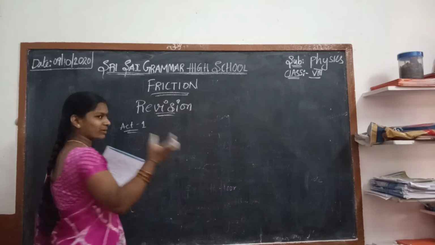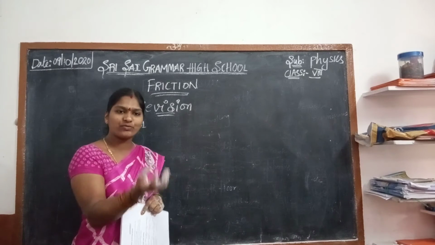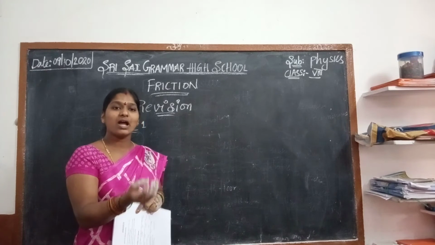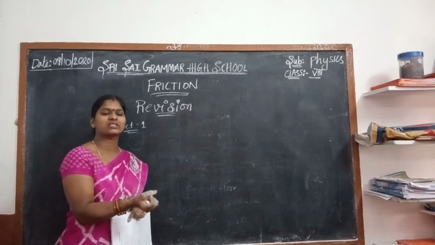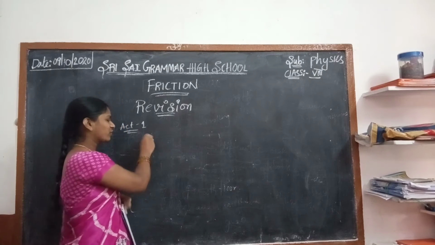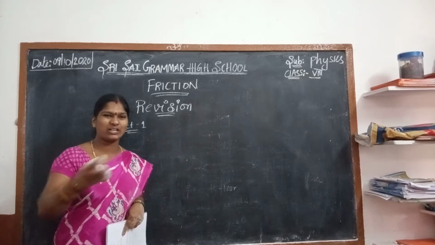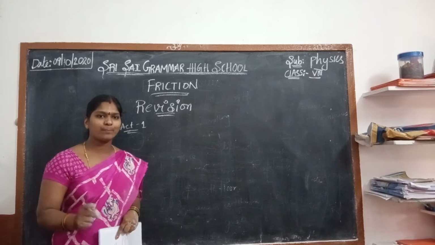We are taking one body. What is the effect of force on that body and also frictional force? We are going to see how the frictional force is acting on that body and also how the same force is acting. We are identifying the force and the friction in the same experiment.